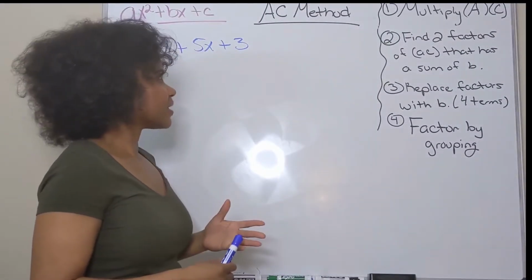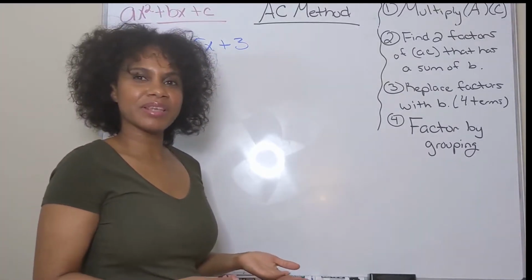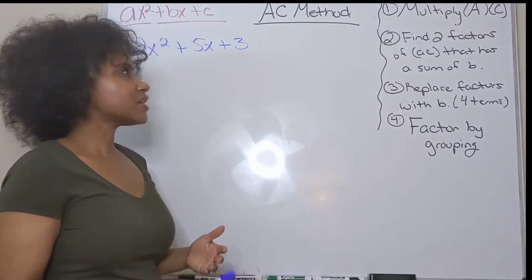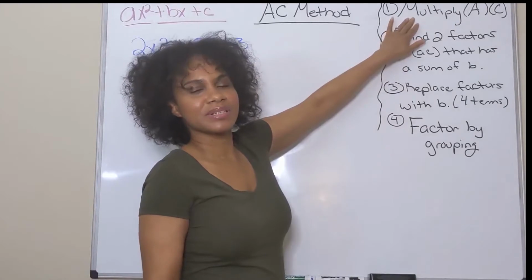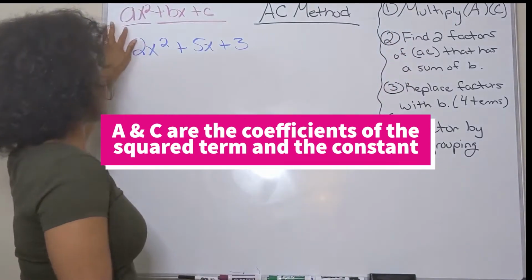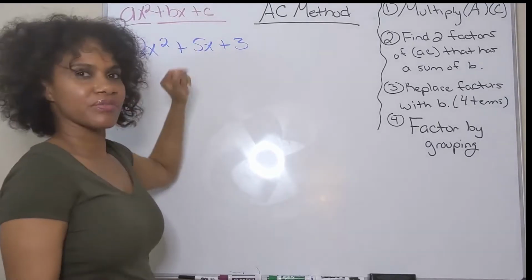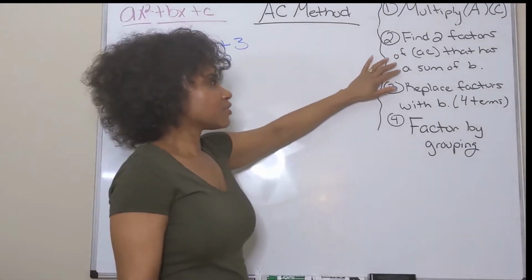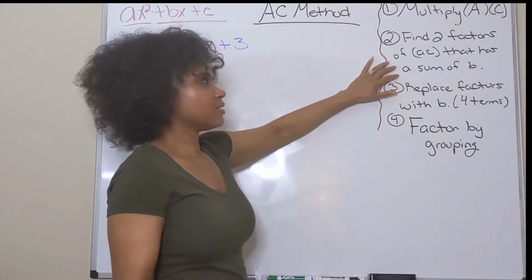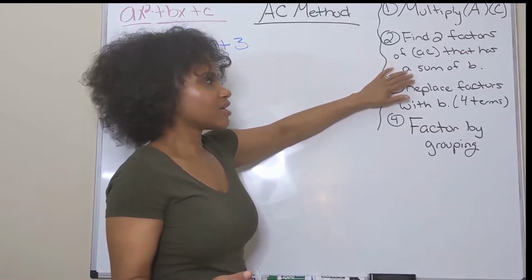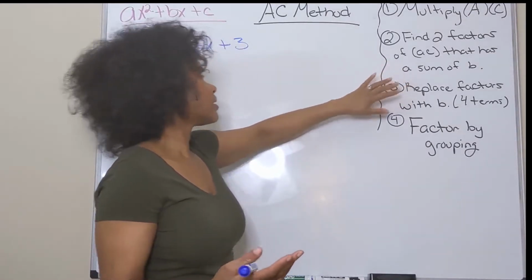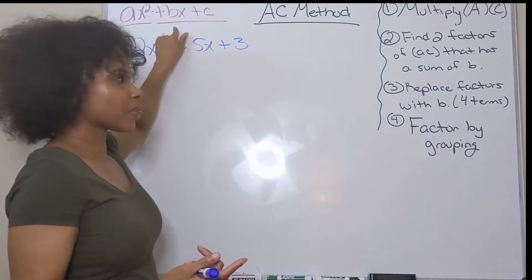So the AC method, we call it the AC method because our first step is to multiply a times c. Alright, so we multiply our coefficient of x squared and our constant. So that's our first step. Then we find two factors of AC, or the result, that have a sum of b. Alright, so sum of b.